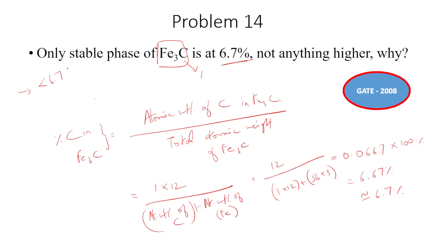Lower than 6.7 percentage means it is not saturated, so there is a proper mixture, and so we are having proper cementite.